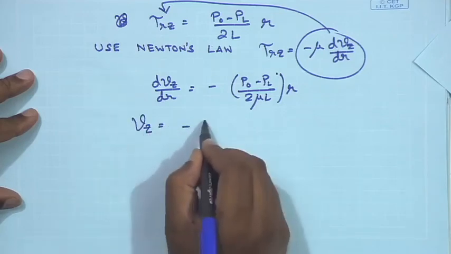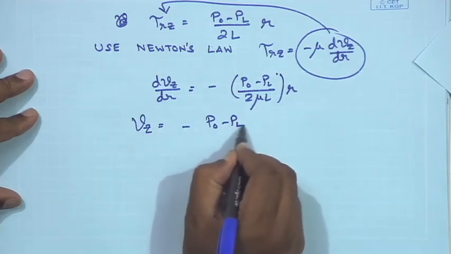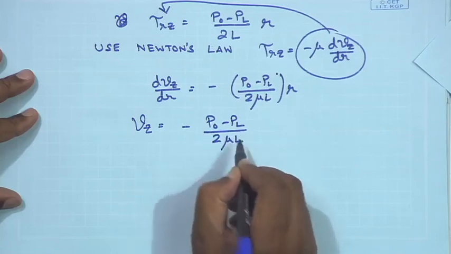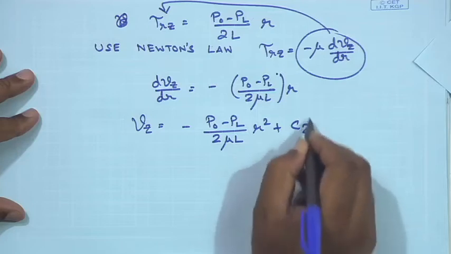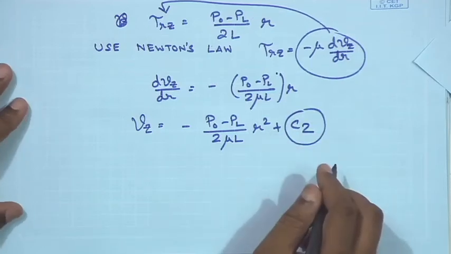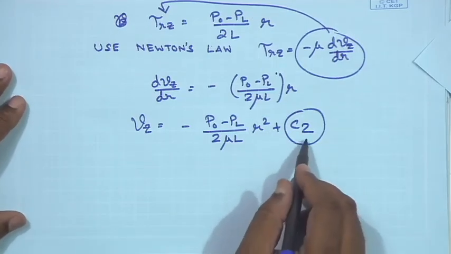Vz equals minus, and C2 is the second integration constant. Now, how do you evaluate C2?